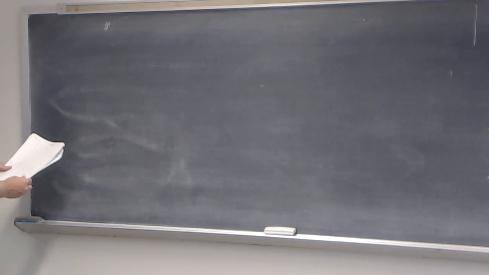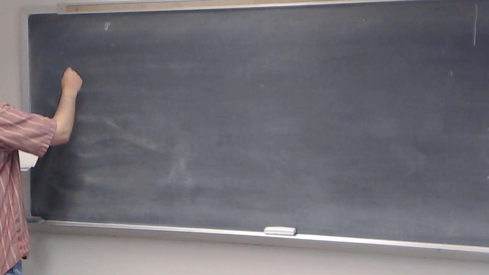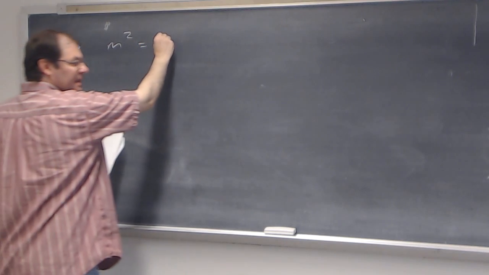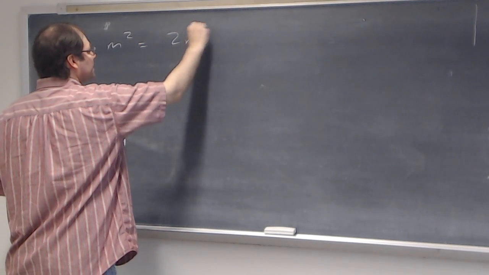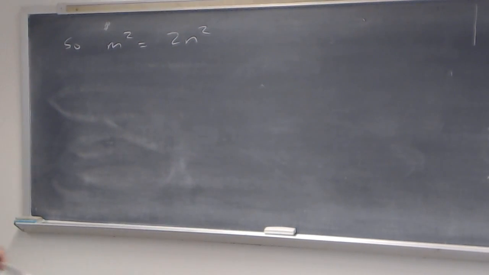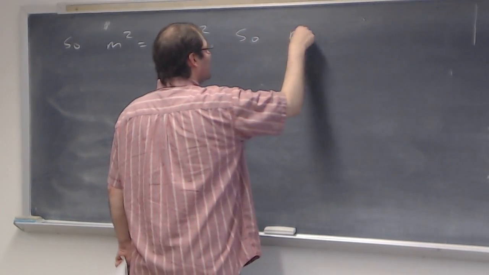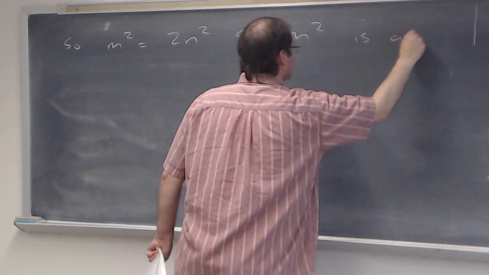Okay, so what we have then is that m squared would have to be equal to 2n squared. We manipulate m over n squared equals 2. That's what we get. So this says m squared is an even number.